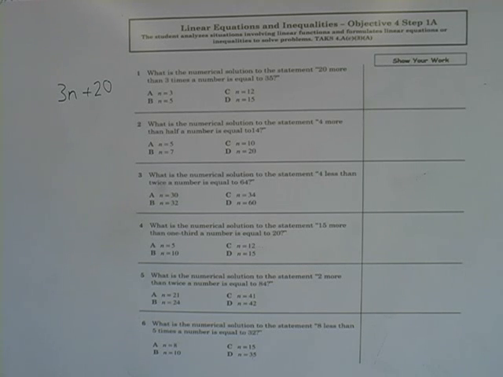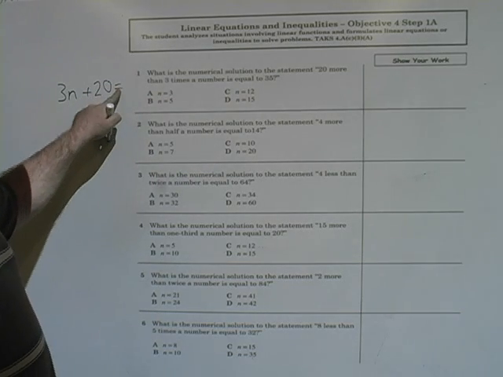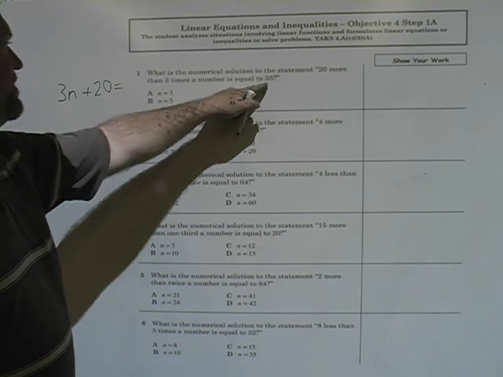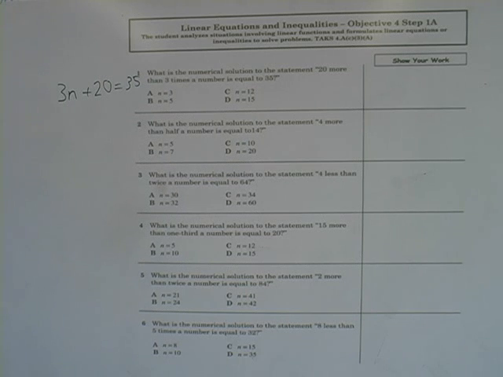So 3n plus 20, and that is equal to 35. Okay? And from here, it's just a matter of solving that equation for n.